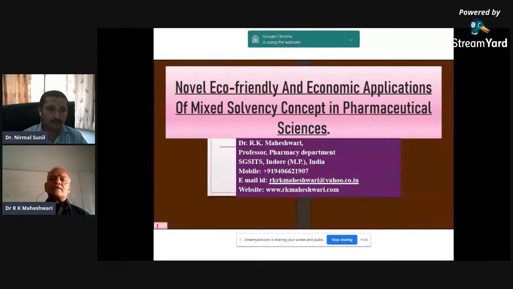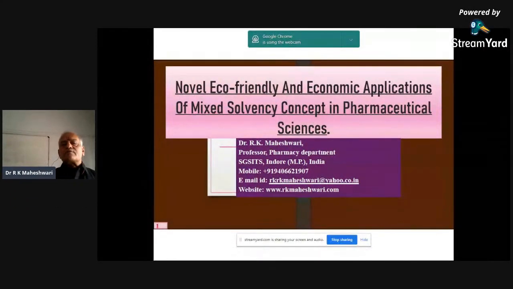The term solubility relates with saturated solutions only. We define the solubility term in this way: the concentration of a solute in a saturated solution at a particular temperature. So that is known as solubility.